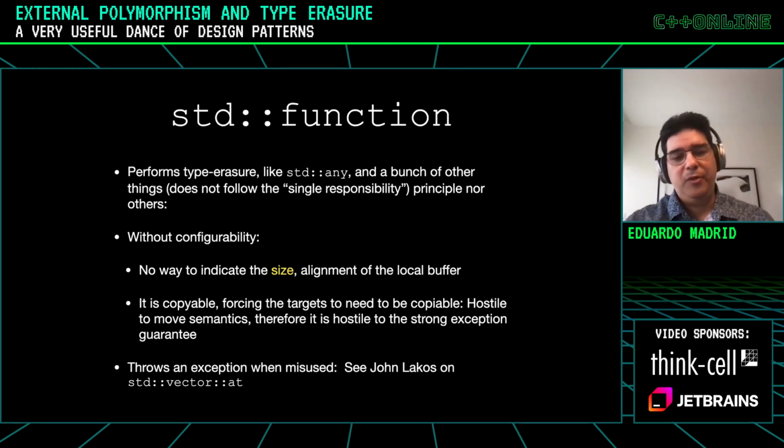And even if we would not require copyability, as in the case of Facebook's folly function, sometimes you really want the thing to be copyable. The only solution is to be able to have both of them, like the move-only one accepting initializations or binding references from the copyable one.